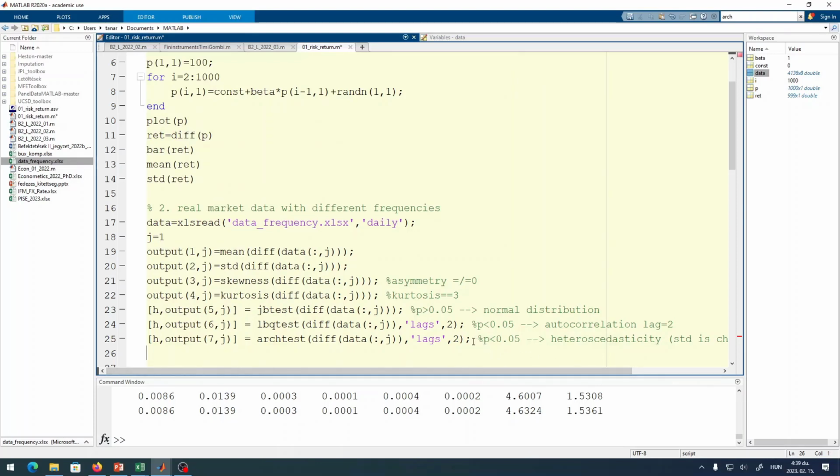And usually at higher frequencies, at daily data, we can see this. But if we start to use lower frequency data, weekly or quarterly, then it starts to disappear because practically we are picking up time points, and after that we are not able to see this thing anymore.